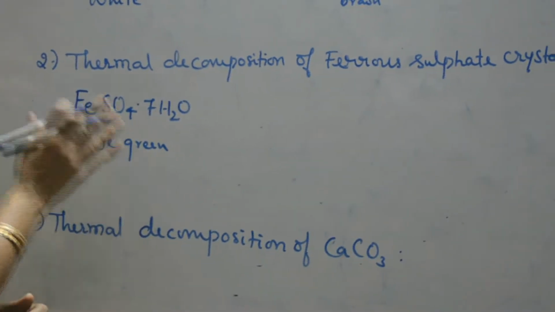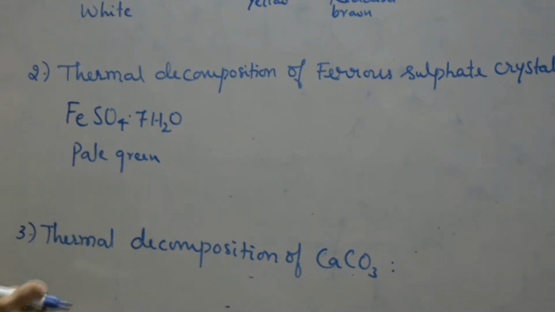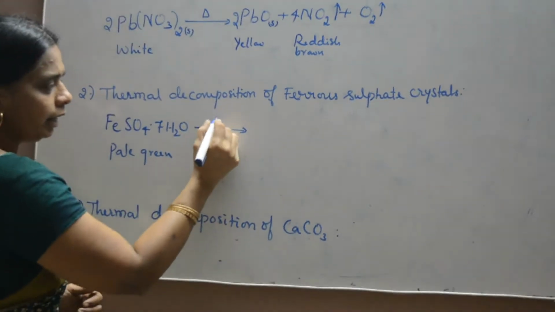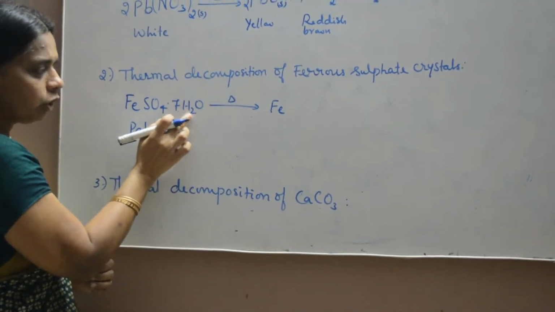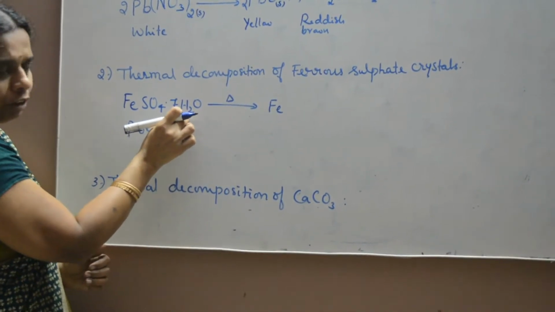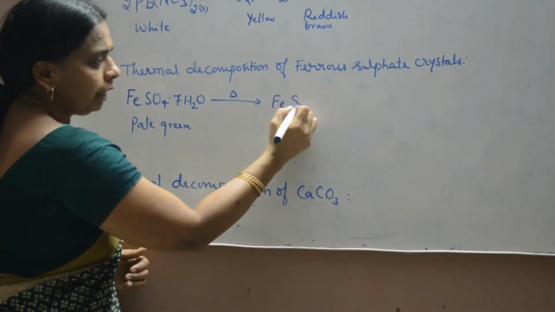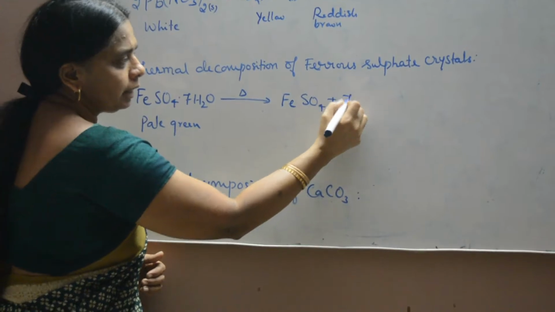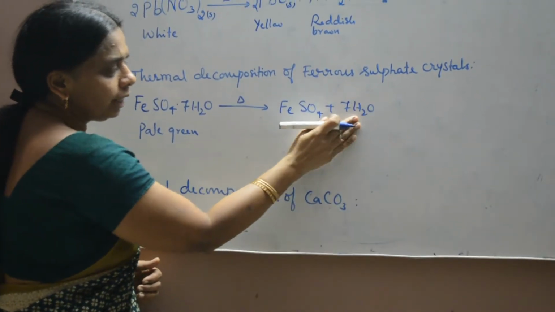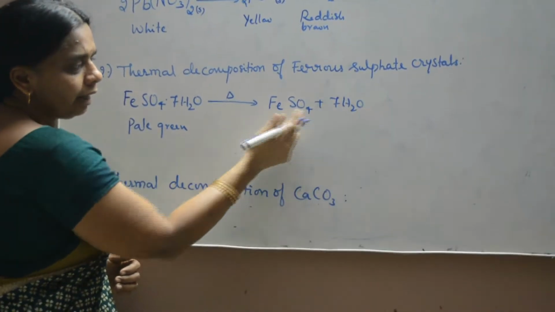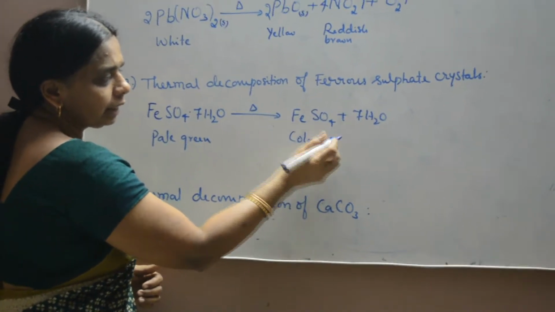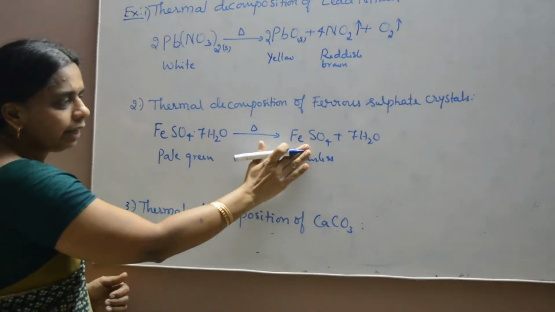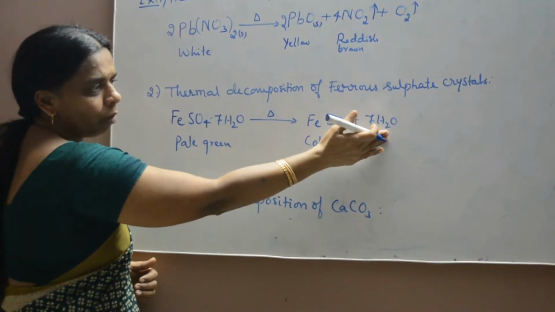On heating, it loses its water of crystallization. We call this the water of crystallization. FeSO4 plus 7H2O, the water gets separated. The salt is now colorless, and on further heating the water evaporates.